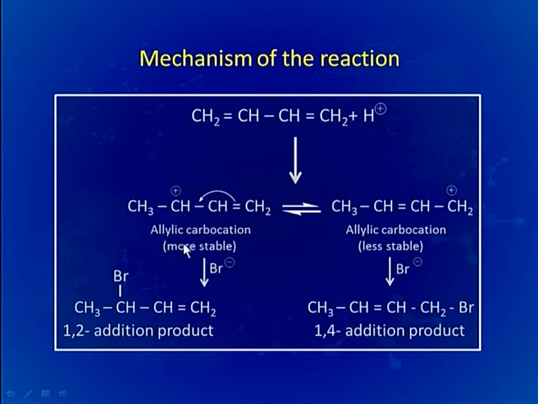But since this allylic carbocation is more stable, as we can see from here, this positively charged bearing carbon atom is being substituted from plus I effect group. Therefore, this is much more stable in comparison of this allylic carbocation where there is no electron donating substituent present.